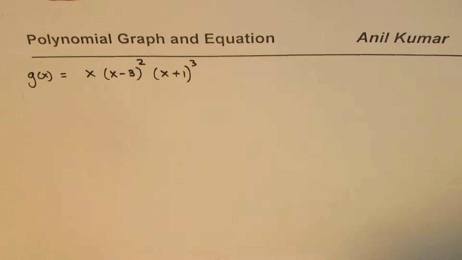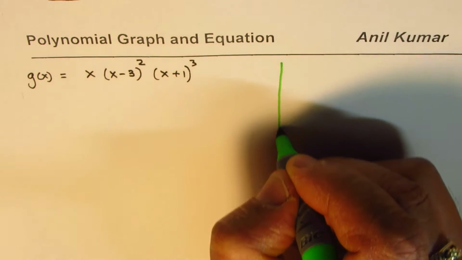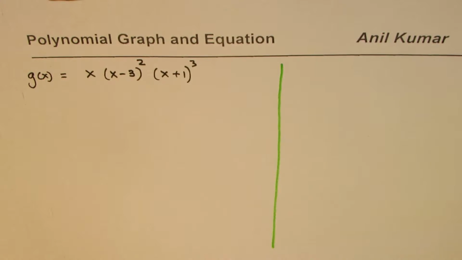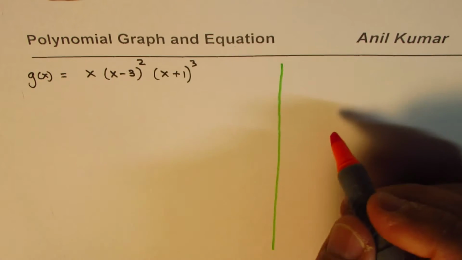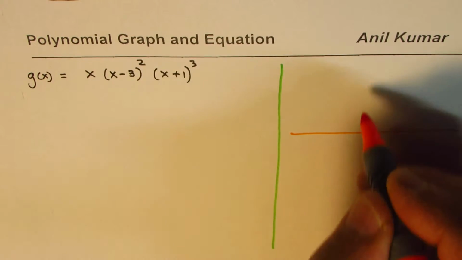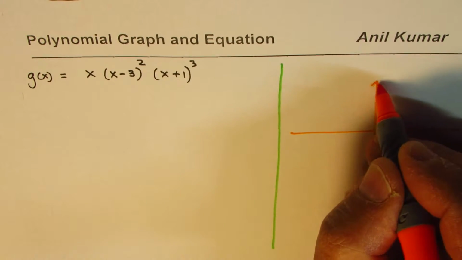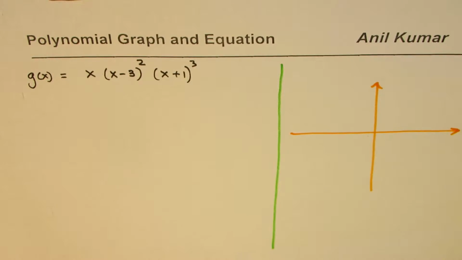And another example we'll take up is that from the graph, we'll find the equation, right? So that is what can be done. So let's sketch a graph here, and from that graph, we'll try to find the equation.